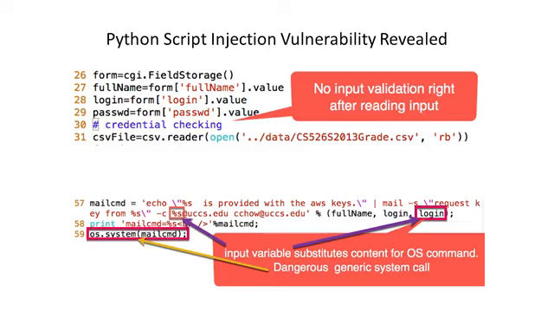In our case, we should use the specific mail command. Since the mail command variable contains the variable login from the initial user input, this vulnerability is very severe and is often classified as such in scanning tools.